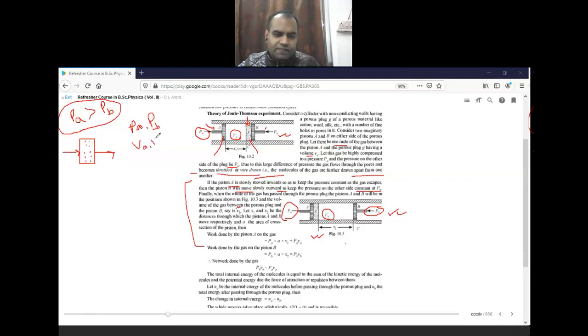Pressures are PA, PB, and volumes are VA, VB. I hope you have understood up to this. What is the initial configuration and what is the final configuration?